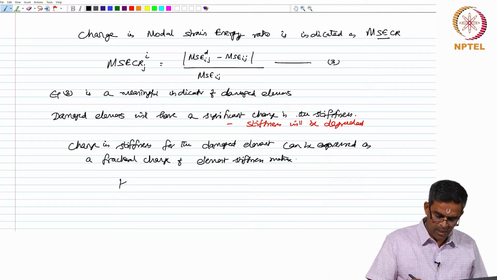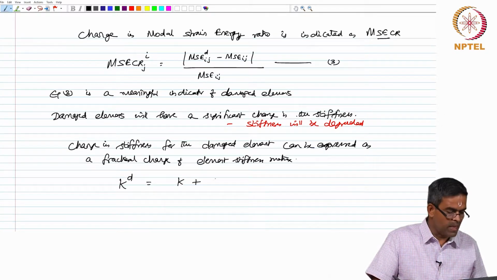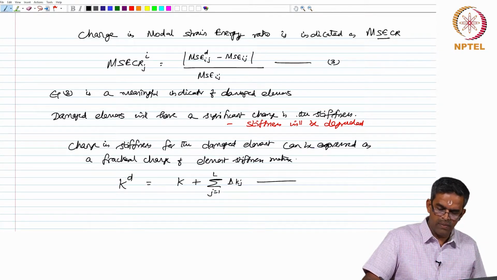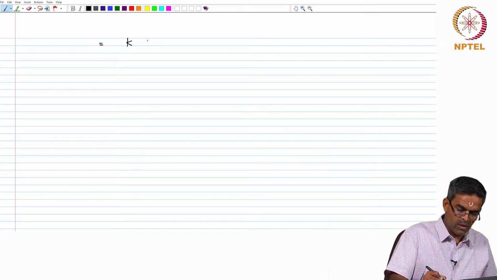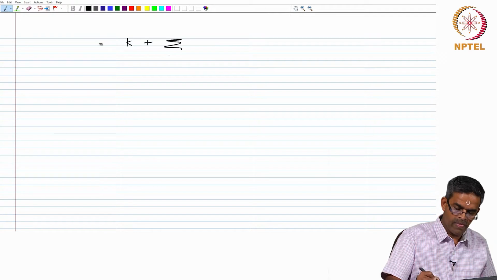So, this is given by the damaged K is given by K plus summation J equals 1 to L delta Kj, which is equal to K plus summation 1 to L alpha j Kj.